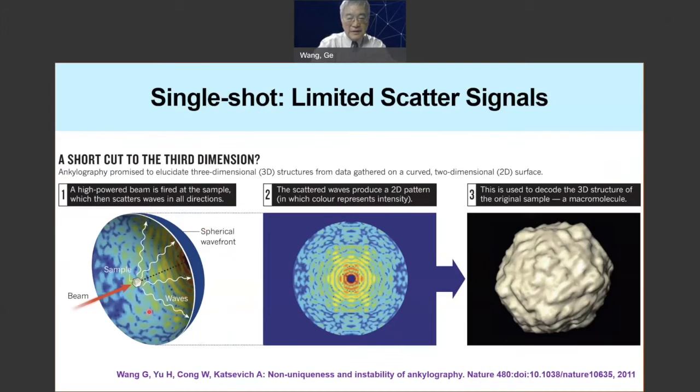This is very important for drug design and fundamental biological research. And we did some work a number of years ago to perform this reconstruction task with polychromatic radiation instead of monochromatic radiation. And we show the benefit with polychromatic radiation.